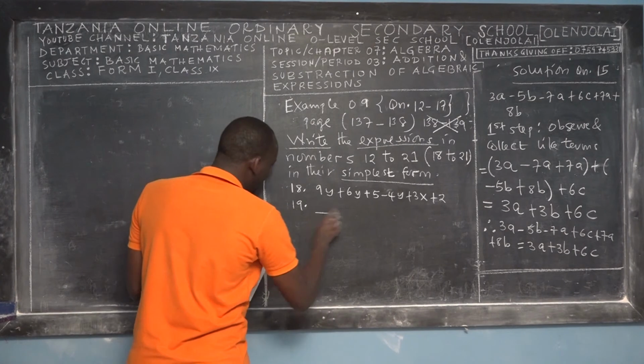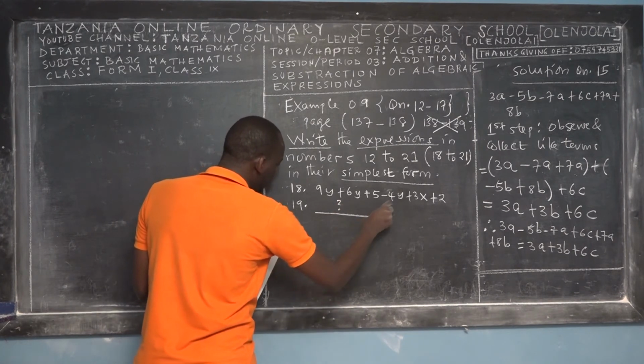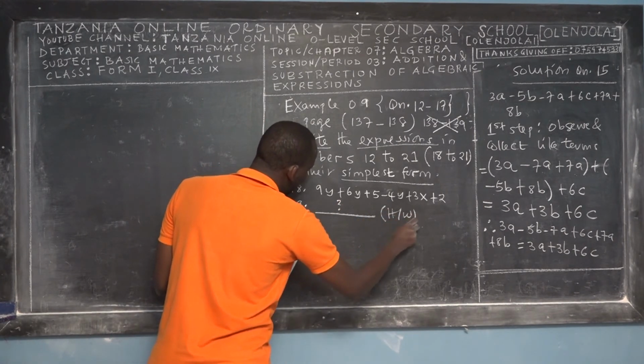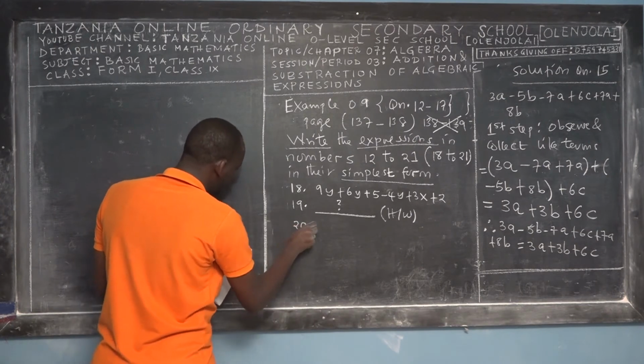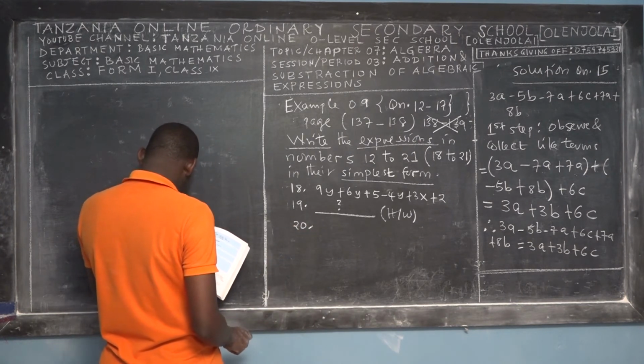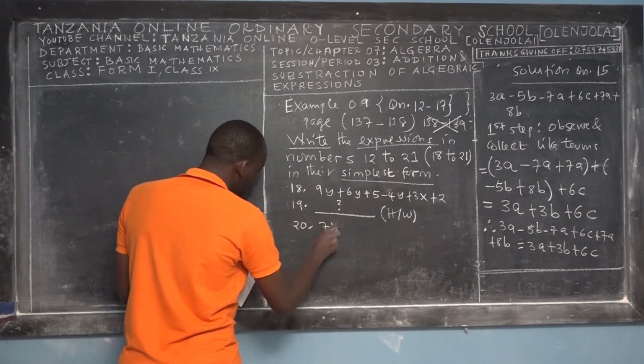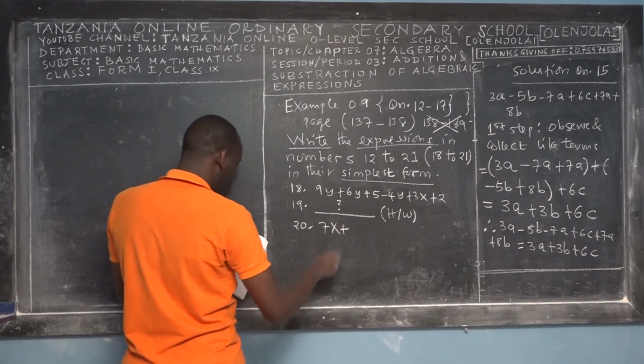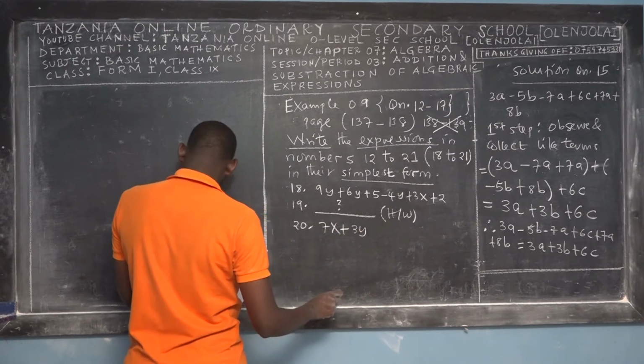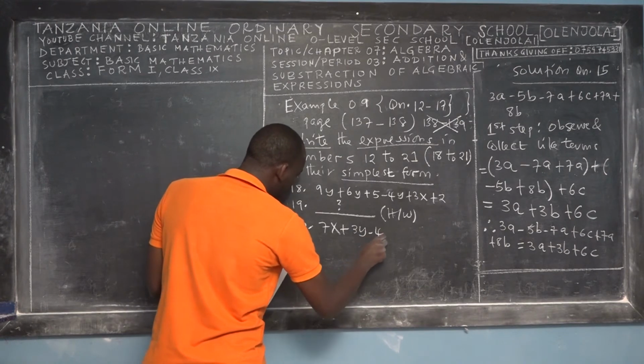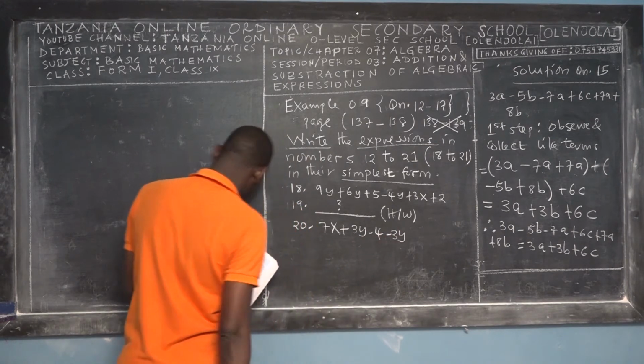This is a blank. Fill it, and this is your homework. And then number 20 is 7x plus 3y minus 4 minus 3y.